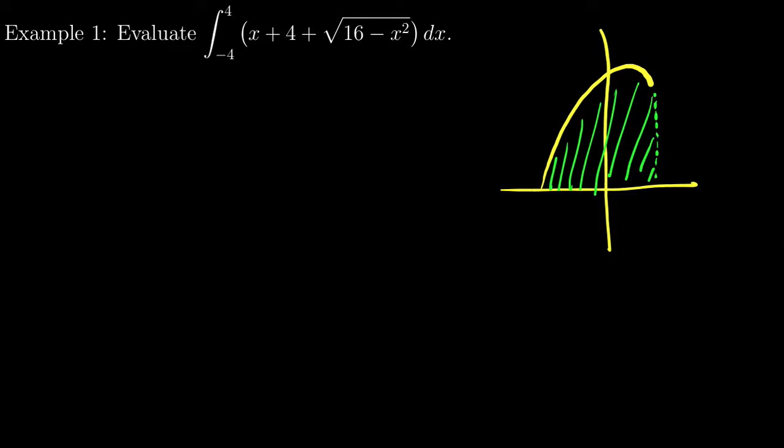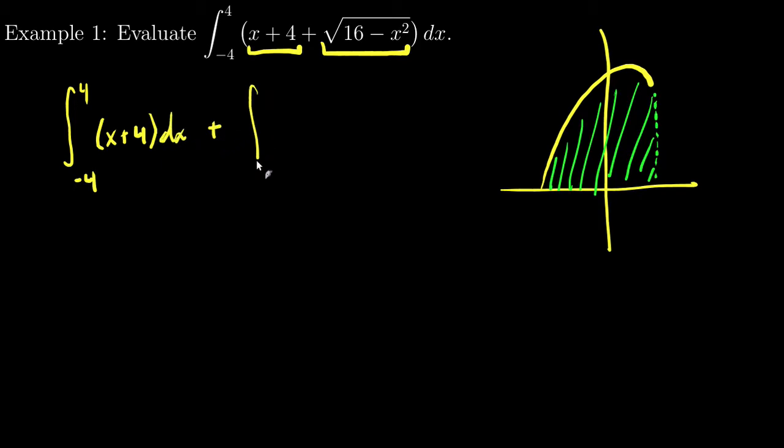But I can split this up, and there's a few options. I'm going to split it up as this piece and this piece. And so I'll look at it as the integral from -4 to 4 of x plus 4 dx plus the integral from -4 to 4 of the square root of 16 minus x squared dx.